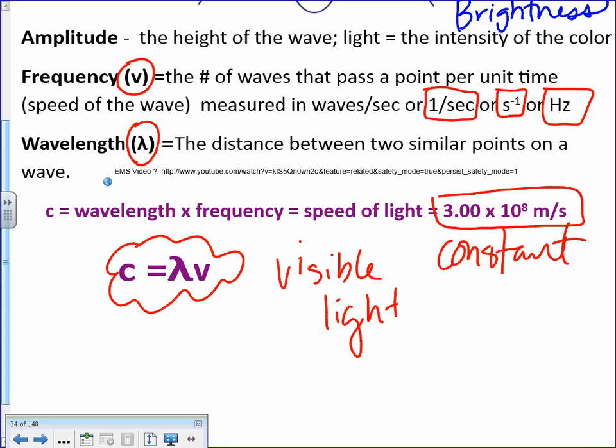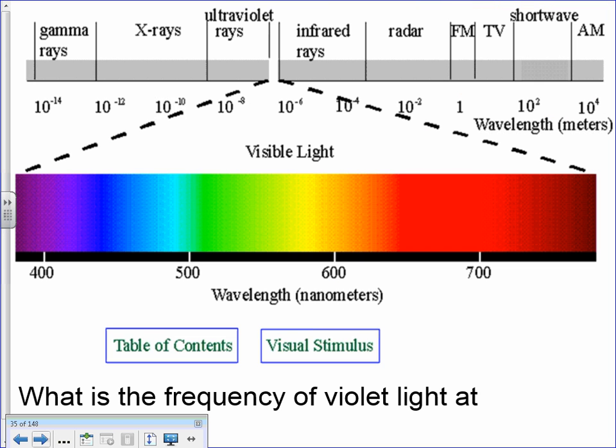So we can hear them, we can feel them, we interact with that type of energy in a different way. Sometimes it's so energetic it burns us. It can harm us, like UV. We all have probably had a sunburn at one point in time. So we're going to be calculating different forms of energy, and I have the electromagnetic spectrum on the next slide. But the one we're really worried about is visible light, because that's what we interact with more on a daily basis.